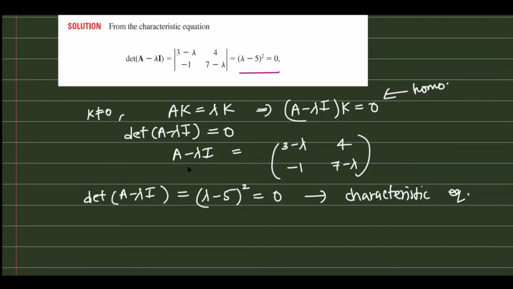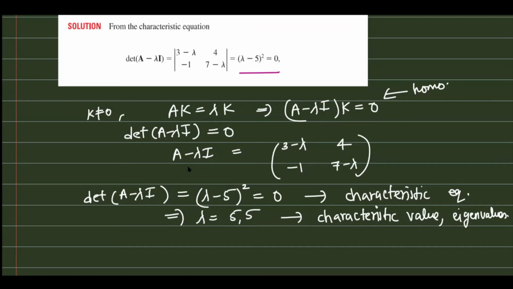Now we have to find the eigenvalues. This equal to 0 implies that lambda equals 5, 5. These are the characteristic values, or eigenvalues; both are the same. So we got the characteristic value lambda equal to 5, repeated twice. Since we are solving a 2 by 2 matrix, we get two characteristic values. Here both are the same.